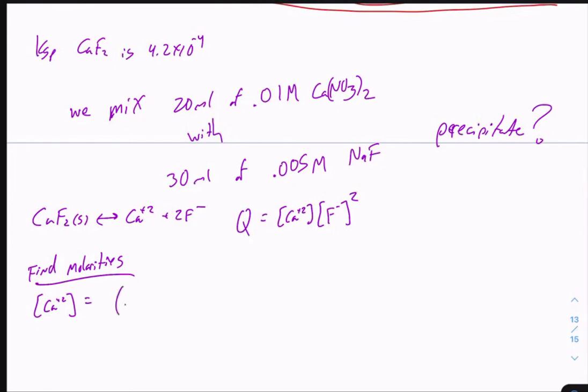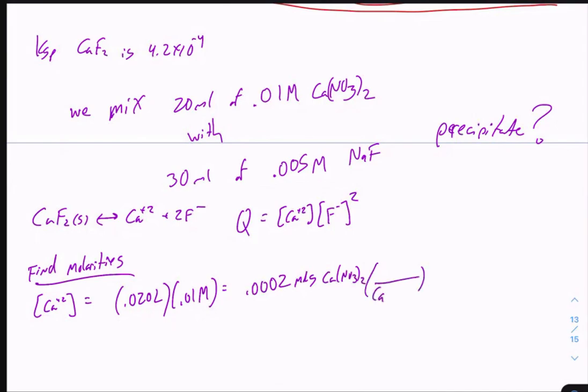So 0.020 liters times 0.01 molar is 0.0002 moles of calcium nitrate.